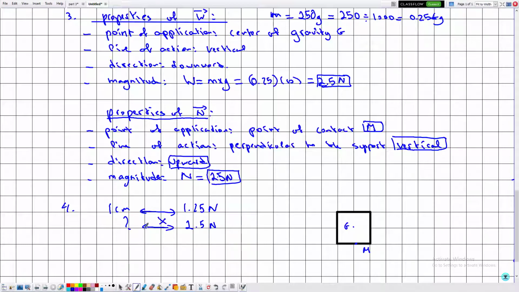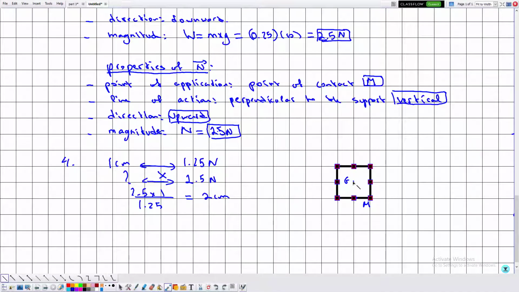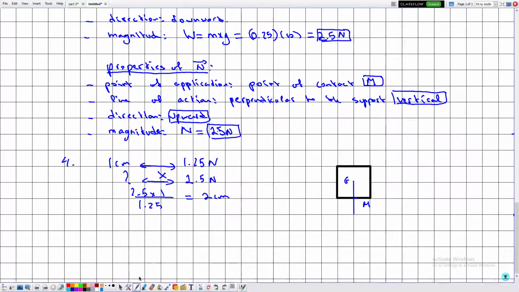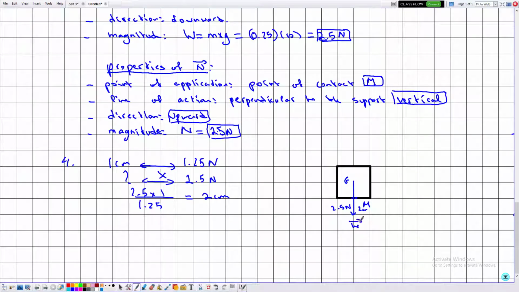So now if you crisscross, you find that 2.5 multiplied by 1 divided by 1.25 is equal to 2 centimeters. Centimeter because it is under centimeters. So this is the weight having the point of application G, which is vertically downward like this. The length of this vector is given by 2 centimeters, corresponding to 2.5 newtons, acting vertically downward at the point G, and the name of this vector is W.